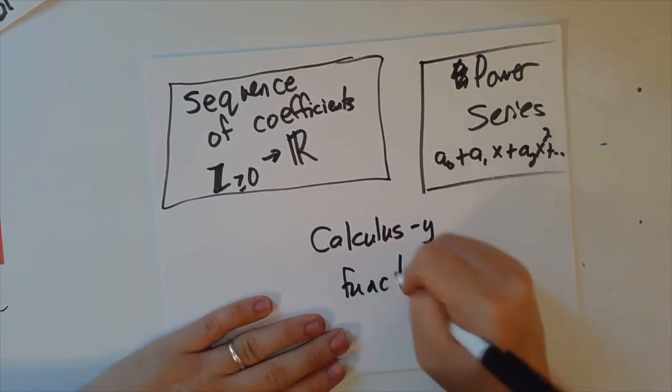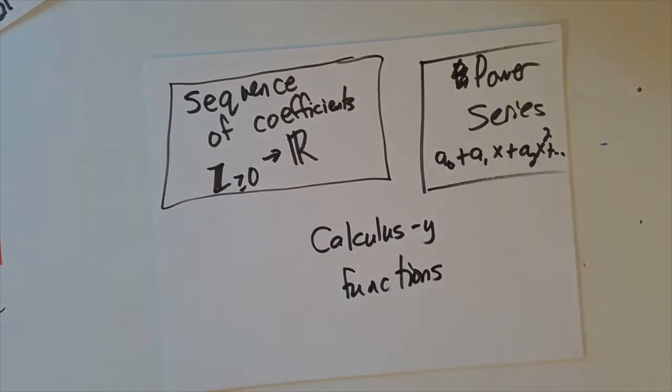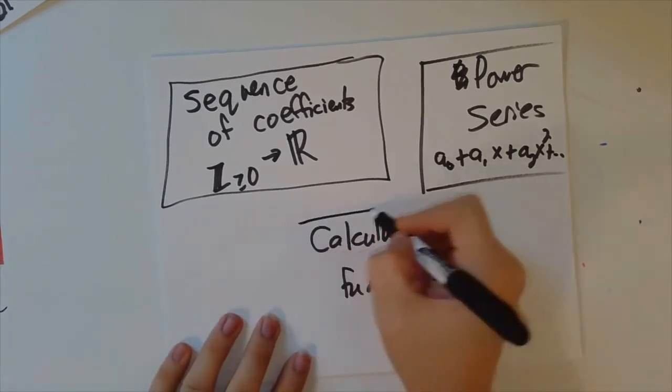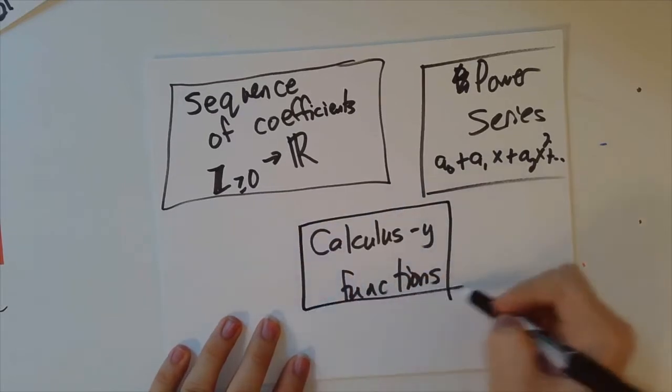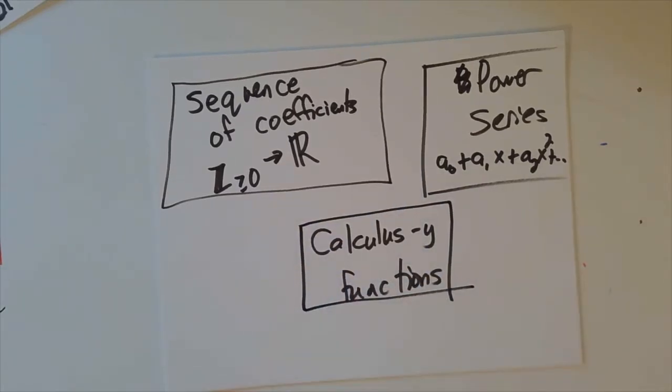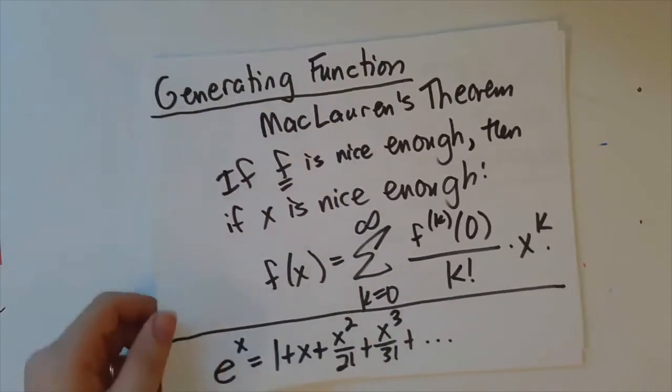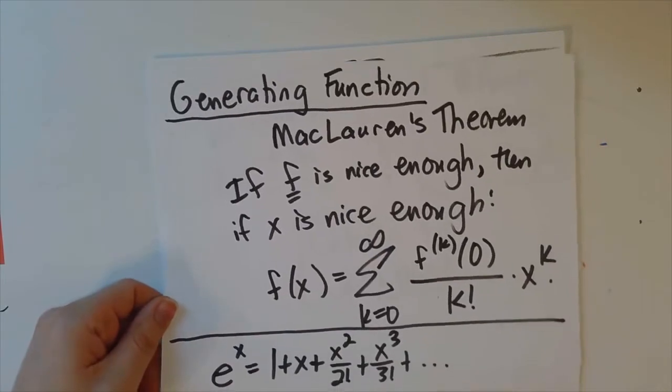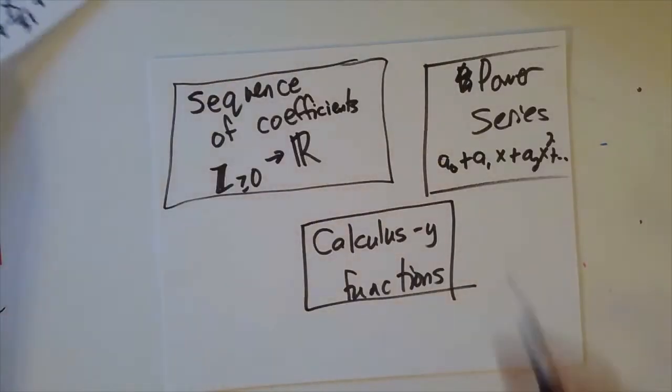By calculus-y functions, I mean that we're not overly concerned about exactly where these things are defined, but that there's some nice coherent formula for them, like e to the x, or sine of x, or 1 over 1 minus x squared, or whatever it happens to be. Basically, the whole idea of this circle of thought around Maclaurin's theorem is that I can translate back and forth between all of these. And so all of these things are connected.